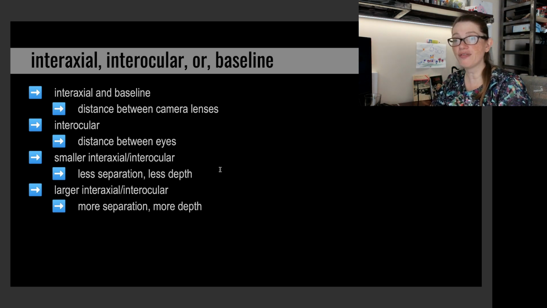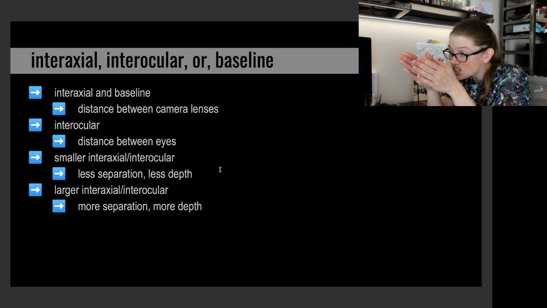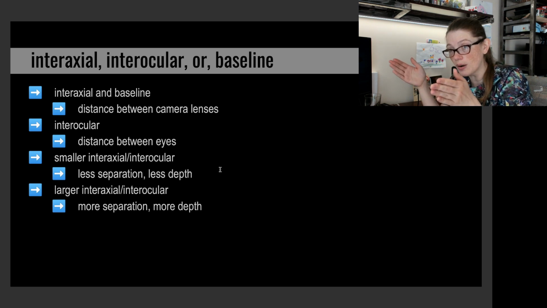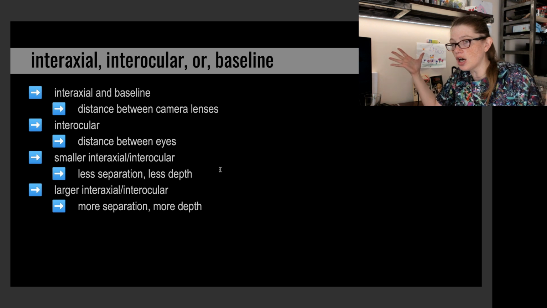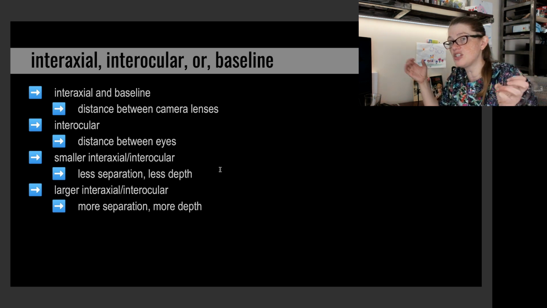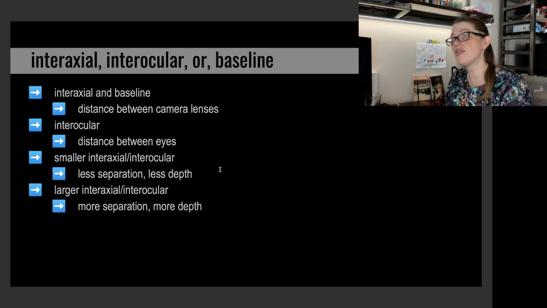So if you want to make a flat image, you use exactly one lens because there would be no separation. And then as you slowly increase it, you get more and more separation and therefore more depth. If you have a really large separation between the cameras, you get a lot of depth. And you might be thinking, why would you do that? That's not natural. Well, you can actually create some pretty cool photos with it.